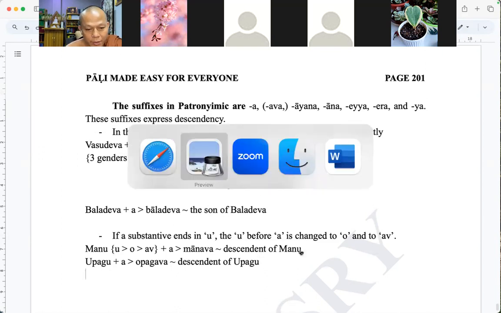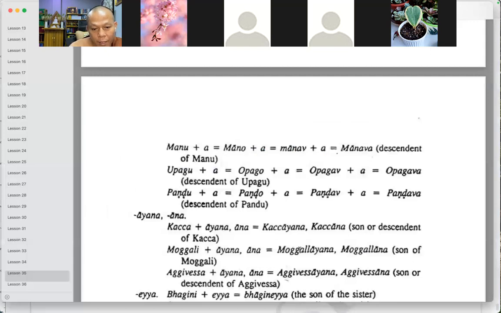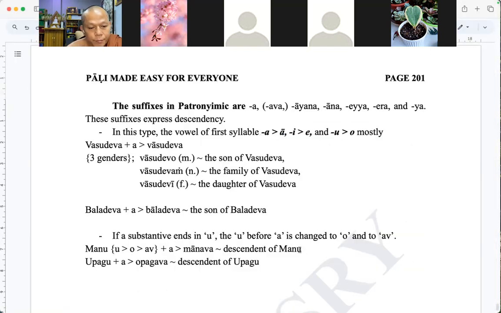And then the next word is Bandhu, and the a suffix. But here, before the double consonant, nothing changed. So Bāndhava also means descendant of Bandhu. In this way.